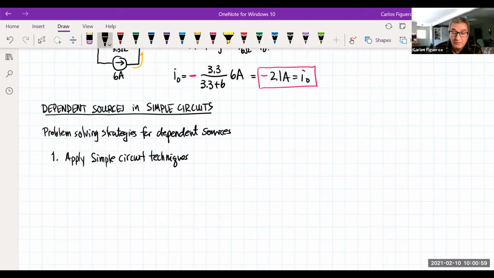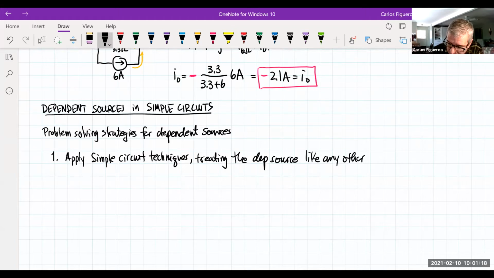So you apply simple techniques, treating the dependent source like any other source. So you treat it as an independent source.